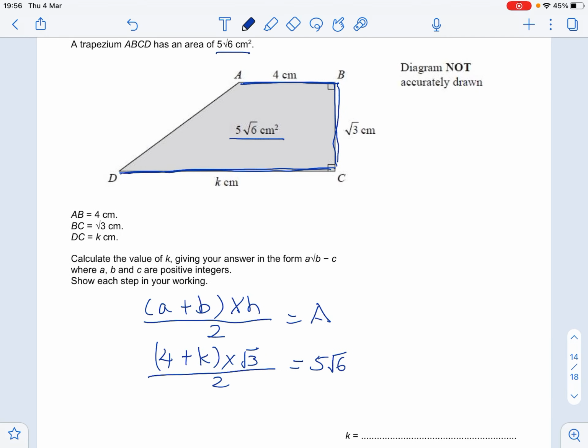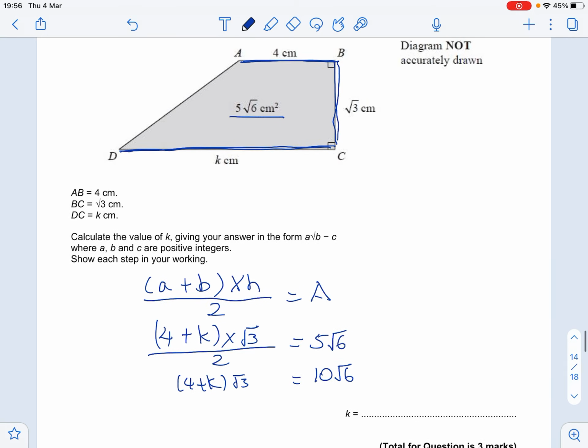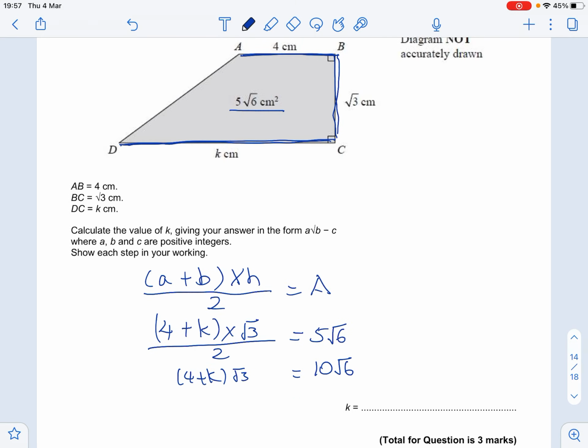So now we're going to solve our equation to find k. So this is divided by 2, so move it to the other side. So I have (4 plus k) √3 equals 10√6. Expand our bracket.